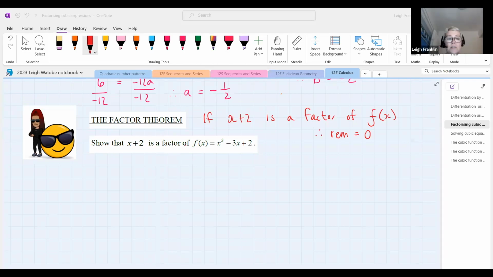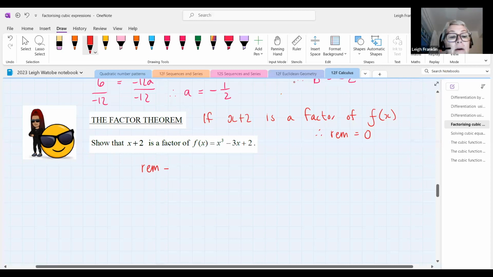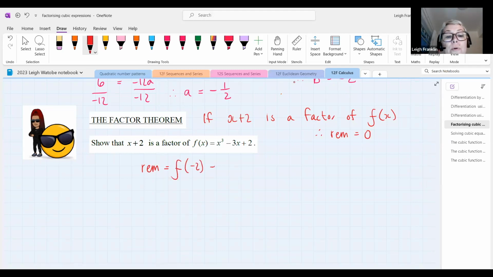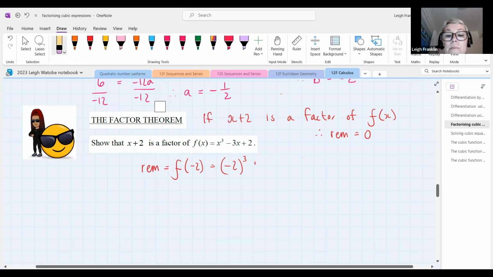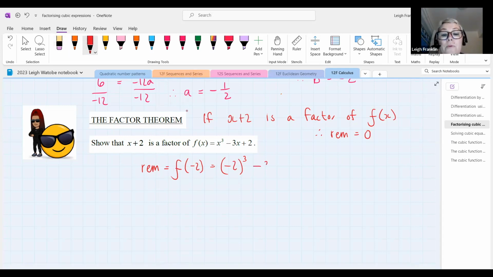So when they ask us to show that x plus 2 is a factor of this expression, this is what they want from us, okay? Our remainder, when we sub in -2, so we get -2 cubed, minus 3 times -2 plus 2.